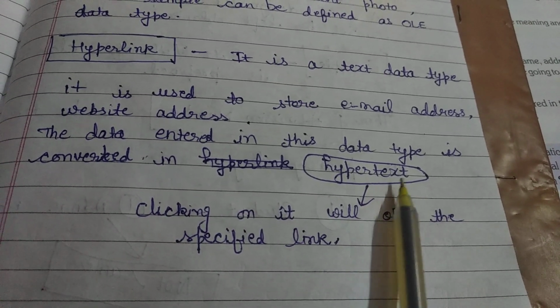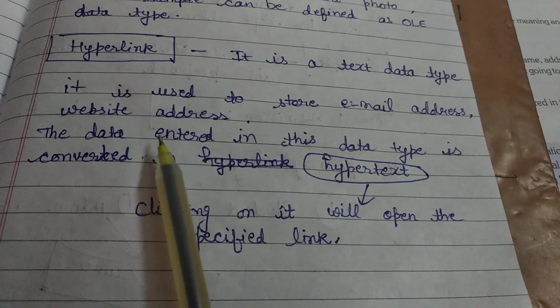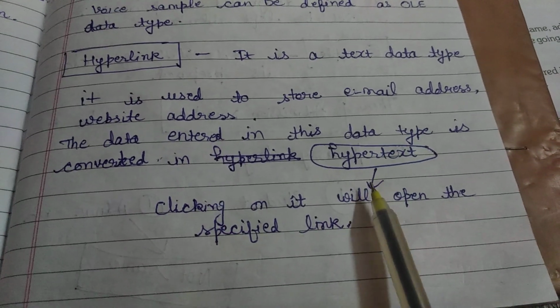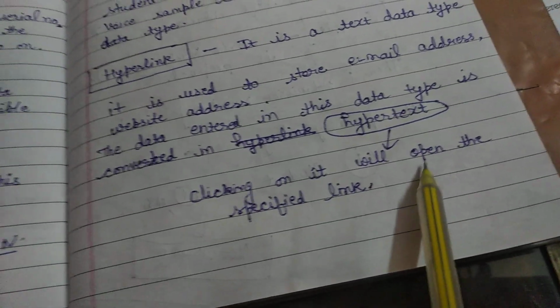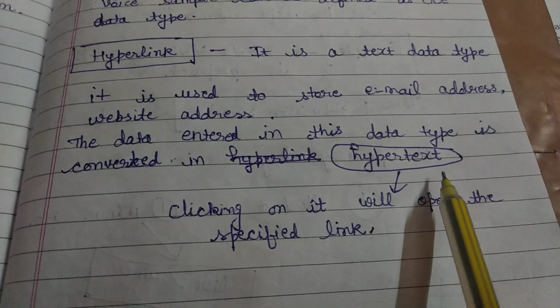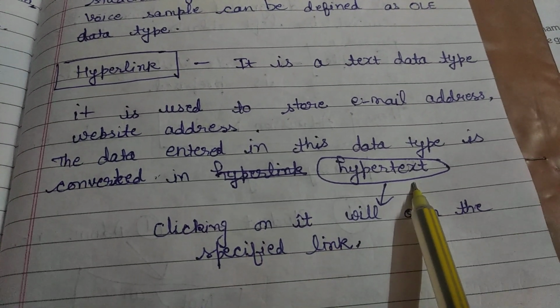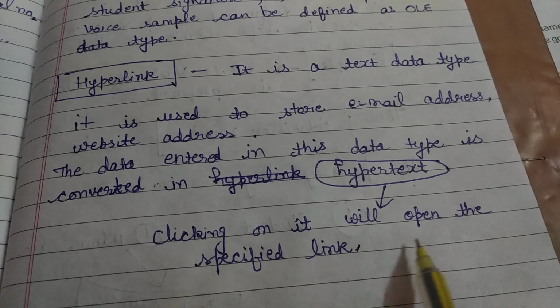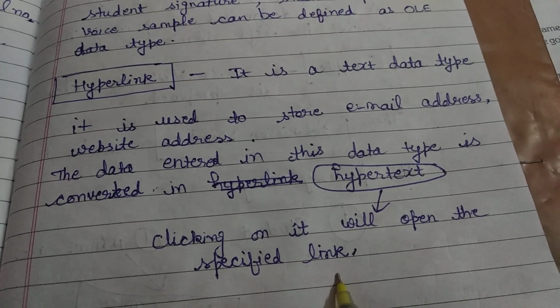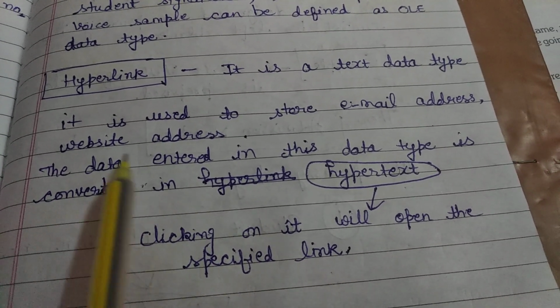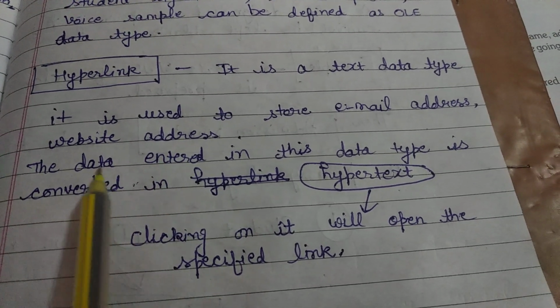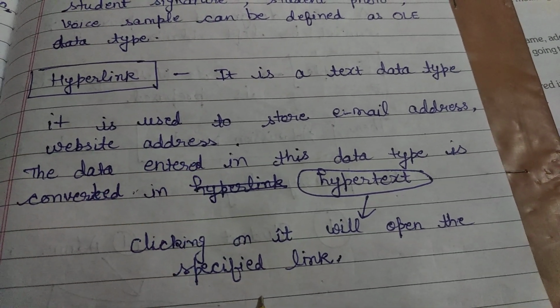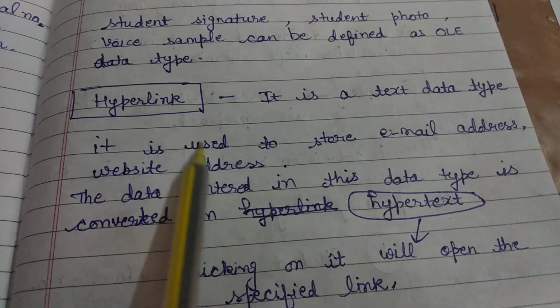Hypertext means when you enter an email address or website address, it will show in blue color. And when you click on this hypertext, the specified link will open, or you will go to the website whose address you gave here. So this is hyperlink. Okay.